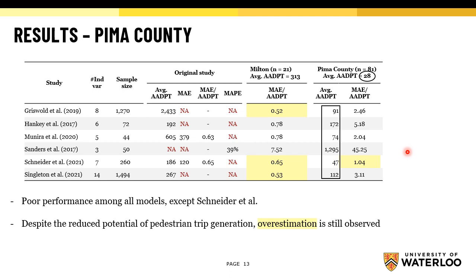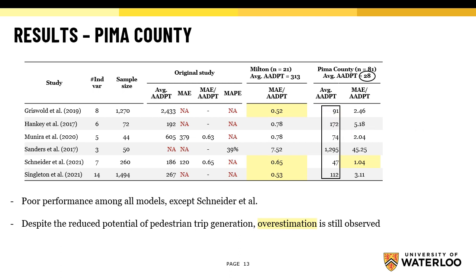Despite the reduced potential of pedestrian trip generation, which we demonstrated in the evaluation of the explanatory variables, overestimation is still observed. In Pima County, we have an average ADPT of 28, but when we check the average ADPT for the replications, there is overestimation in all of them.